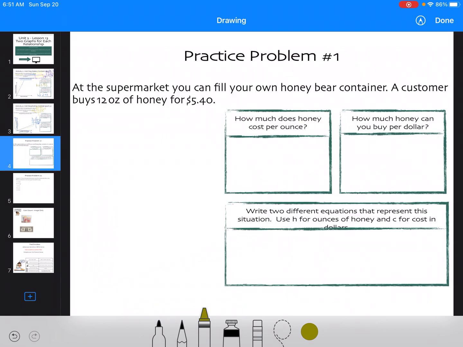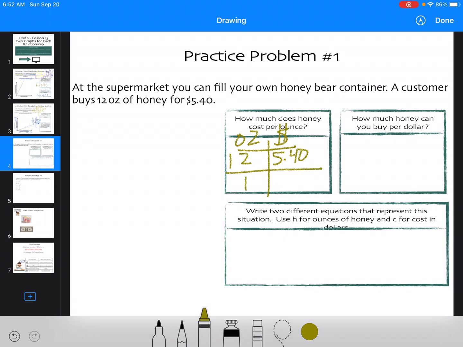So now it says, at any supermarket, you can fill your own Honey Bear container. A customer buys 12 ounces of honey for $5.40. How much is the honey per ounce? So if I want to figure out honey per ounce, I know this is my ounces, this is my money, so 12 for $5.40.